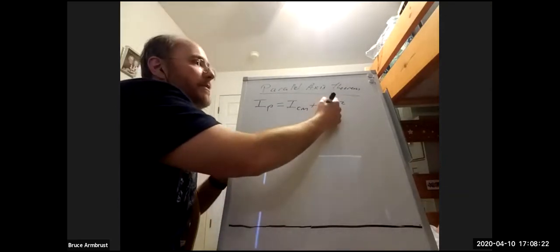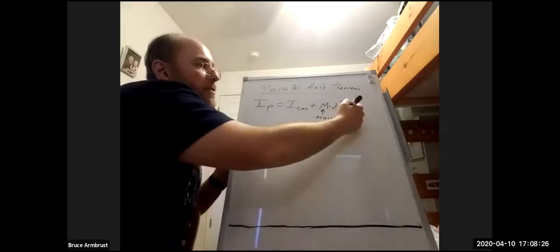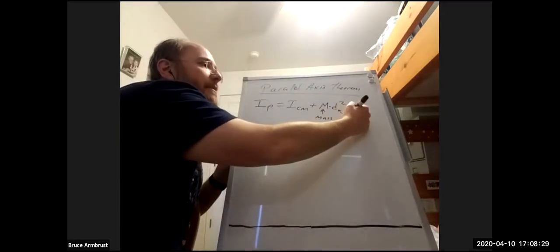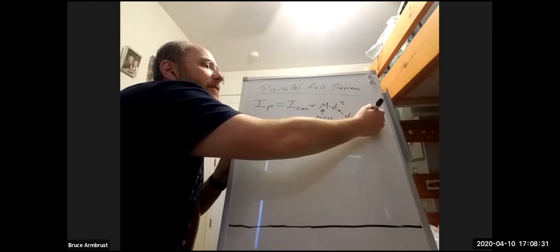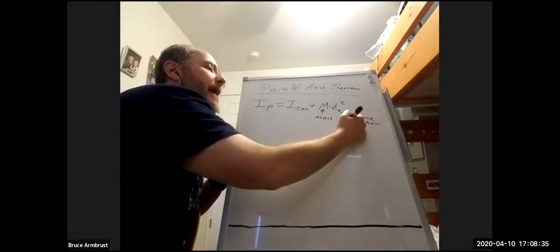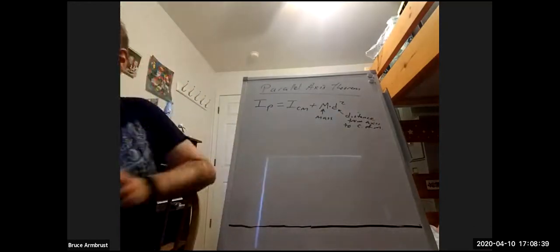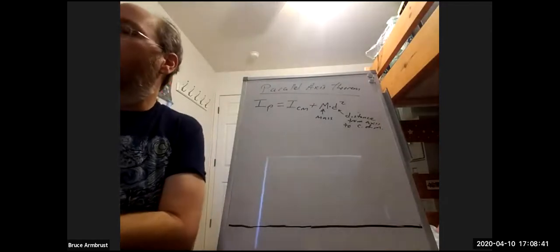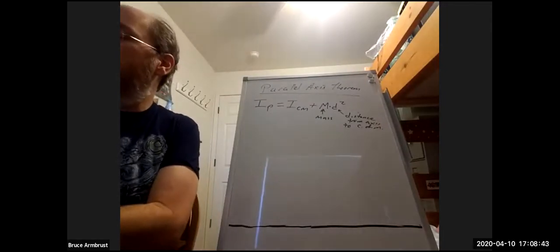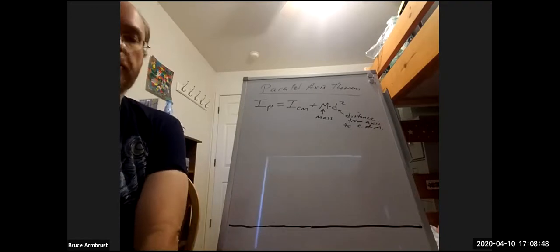The m, of course, is the mass of the object. That's probably pretty obvious. The question is, what is d? And d is just the distance from the axis to the center of mass. So all we need to know is how far away it is from the center of mass in order to do this calculation.